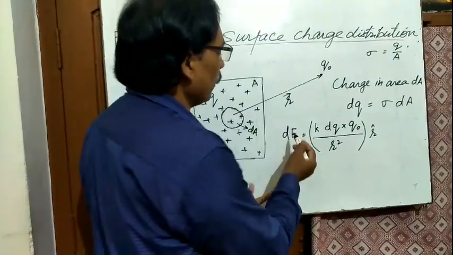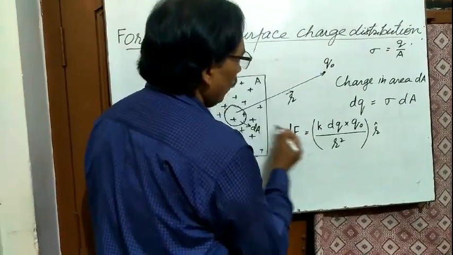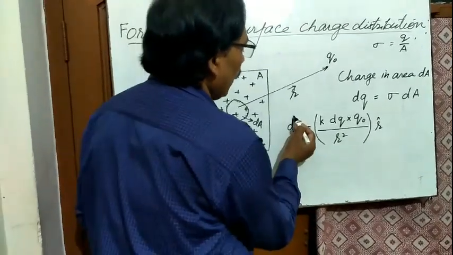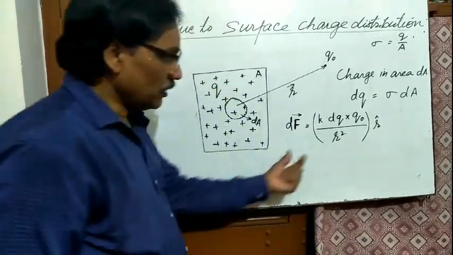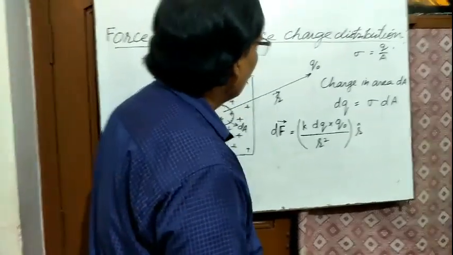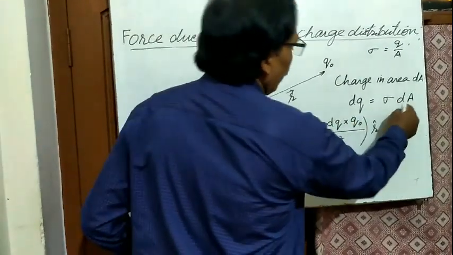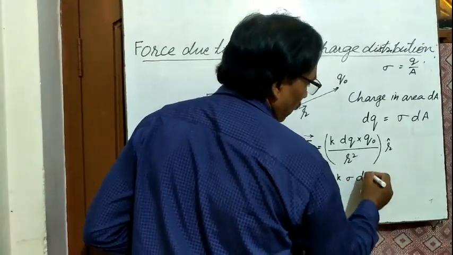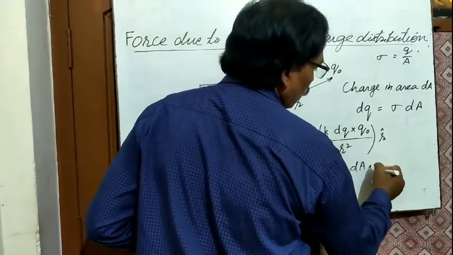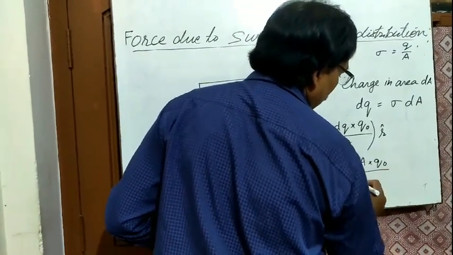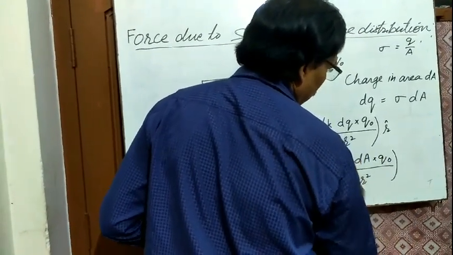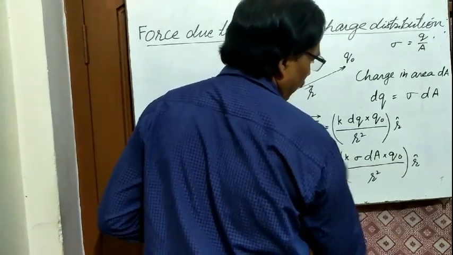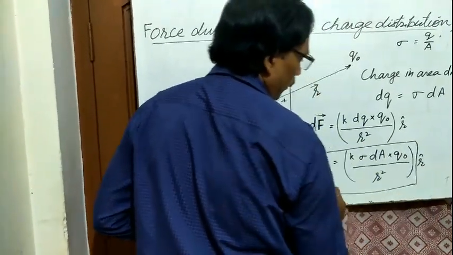You can put it in bold letter, which denotes a vector, or you can put an arrow here. You can replace this dQ by sigma dA. So you will have K sigma dA into Q naught by R square R cap. This is dF.